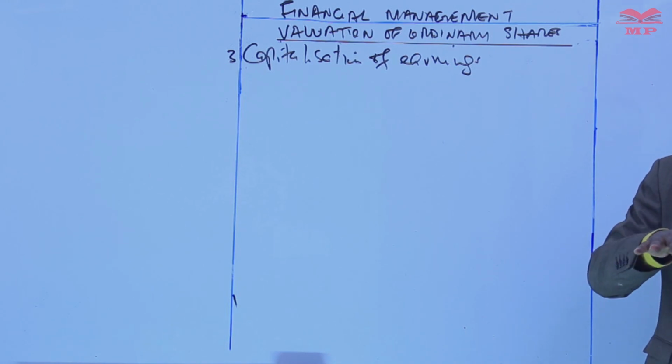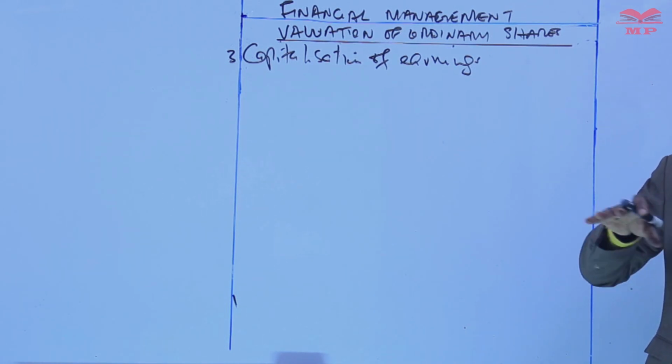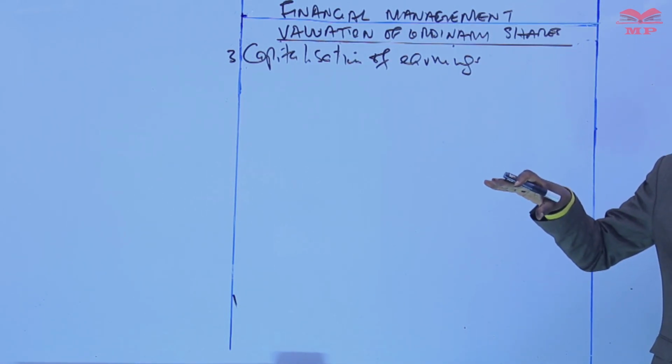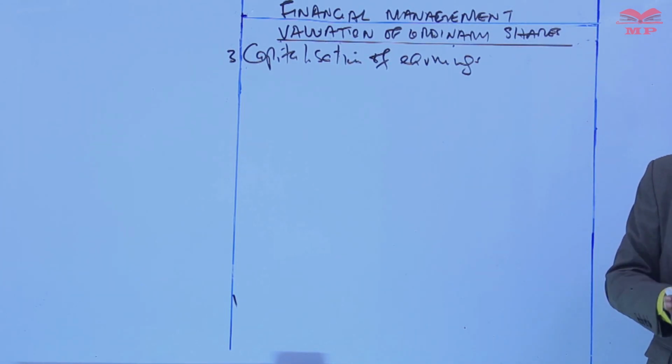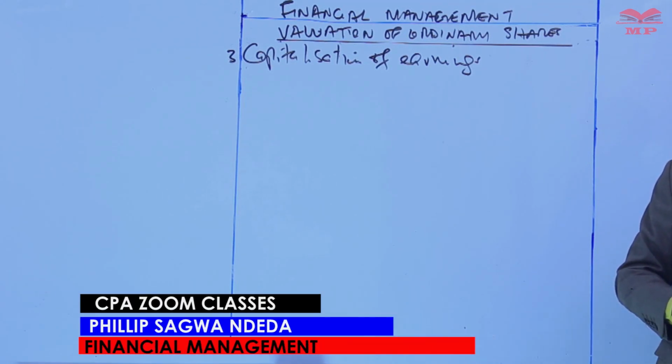The capitalized value of the earnings is then divided by the paid up equity share capital and multiplied by the face value of the share. Understand?